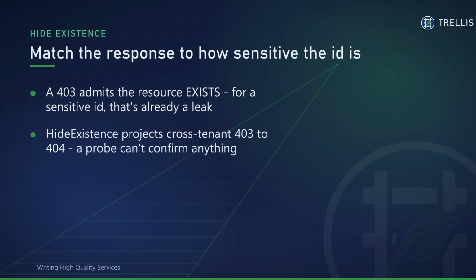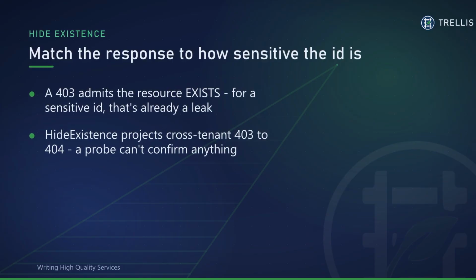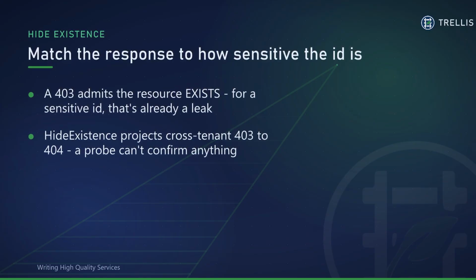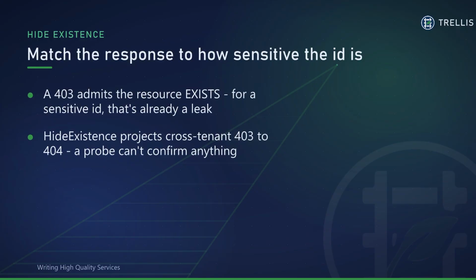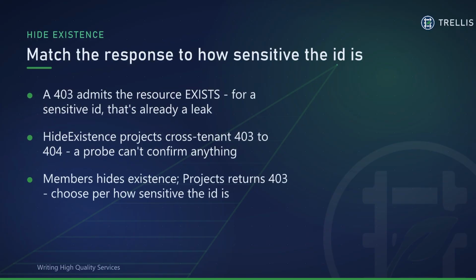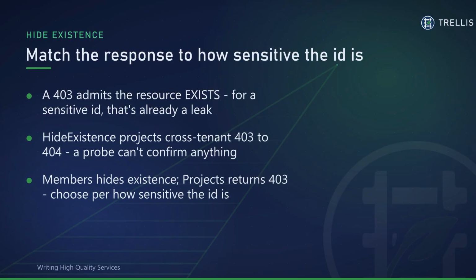Now a cross-tenant probe is indistinguishable from a genuinely missing ID. The attacker learns nothing, and it's a per-resource choice. The member's service hides existence, because a member ID is sensitive. The project service returns a normal 403, because knowing a project exists is fine. Match the response to how sensitive the ID really is.